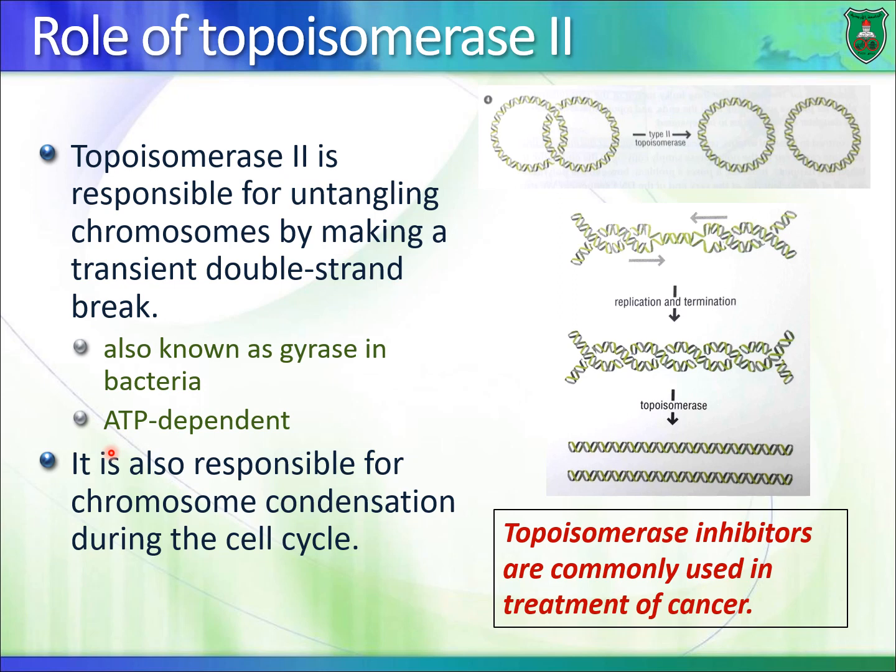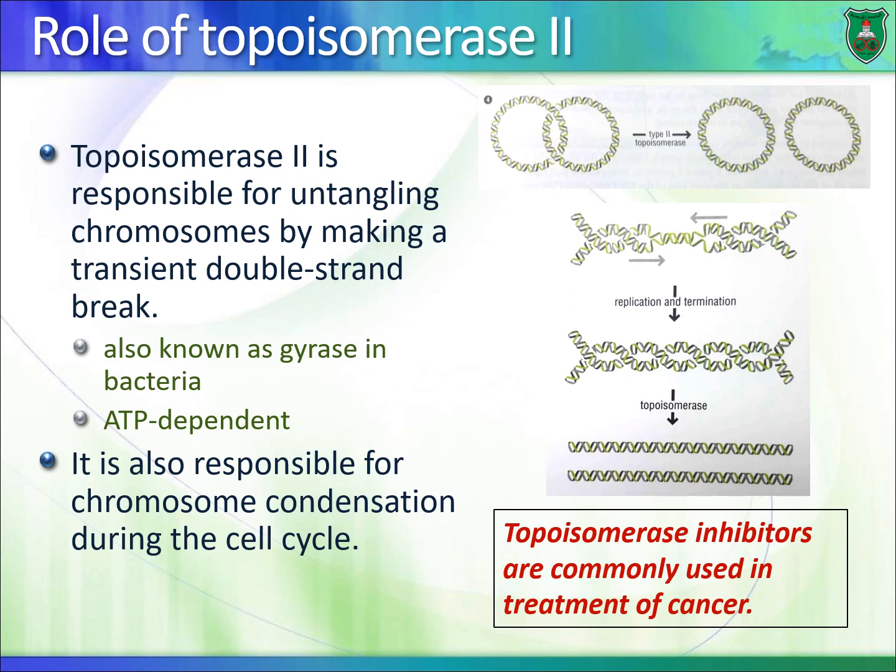Topoisomerase 1 does not need ATP. That's one difference. Another difference is that DNA topoisomerase 1 creates a single cut in one of the strands, not both of them. On the other hand, DNA topoisomerase 2 creates two cuts on the same strand. But eventually what it does is that it separates the two strands from each other.